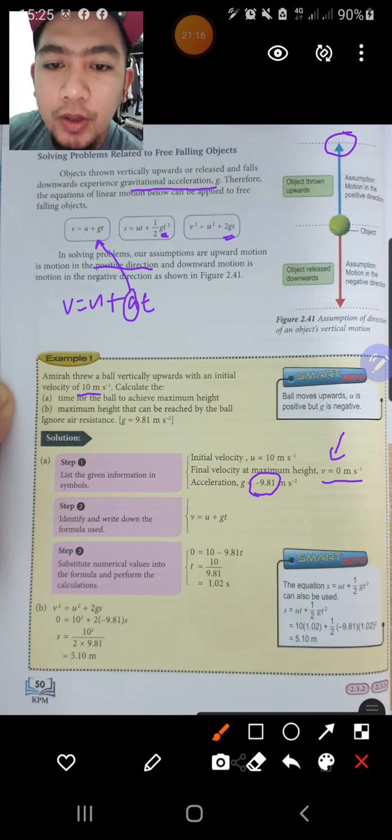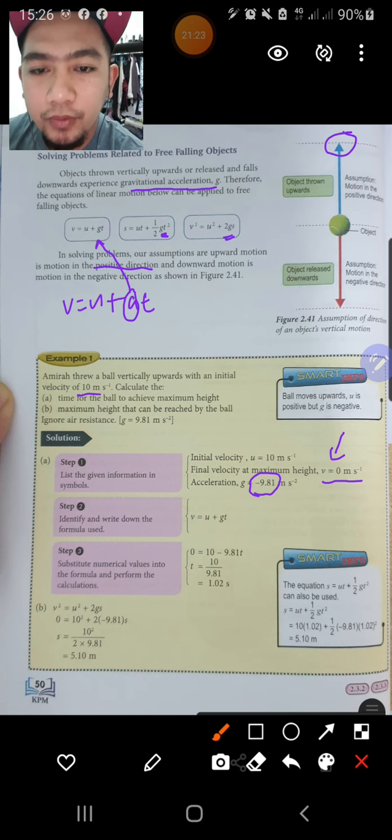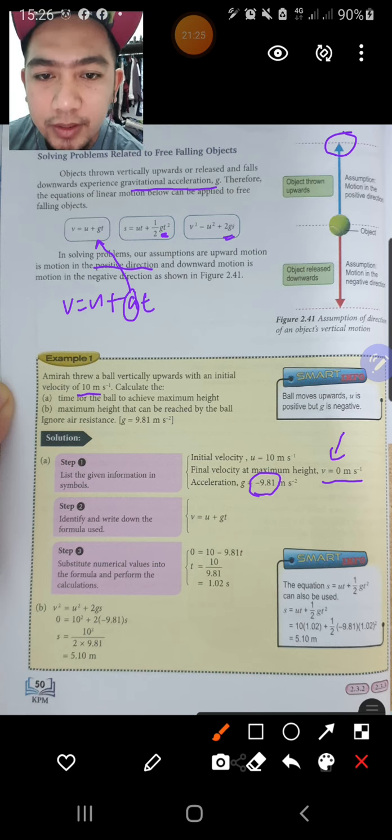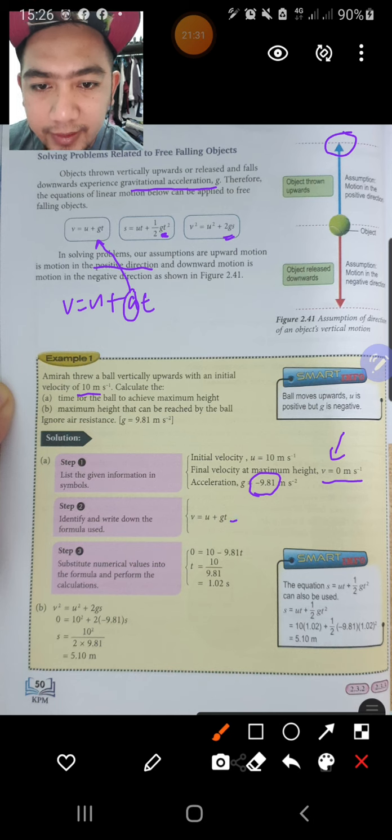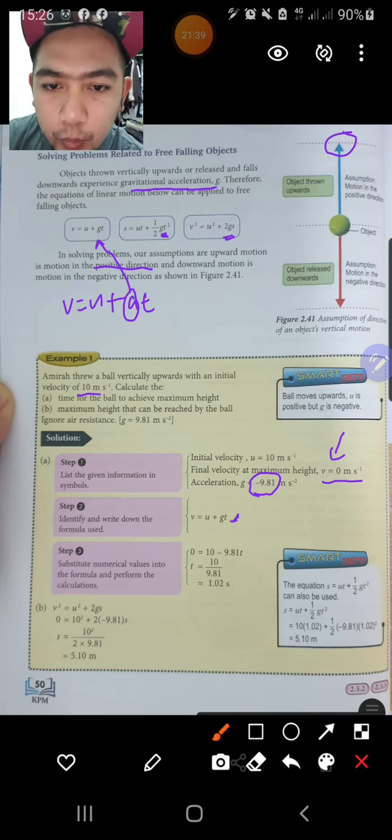Okay, so step 2, identify and write down the formula used. So of course we already have u, v and g. So now time to find t. Okay, you just manipulate the value, and then you will get 1.02 second.